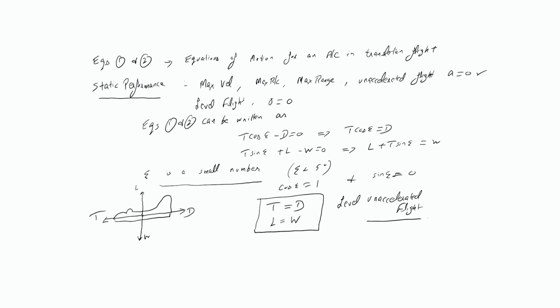We also discussed the point over which it acts: the aerodynamic center, when we also consider moments about those points. This is the equation for steady level flight, which was quite intuitive, and now we have derived it using our equations of motion.